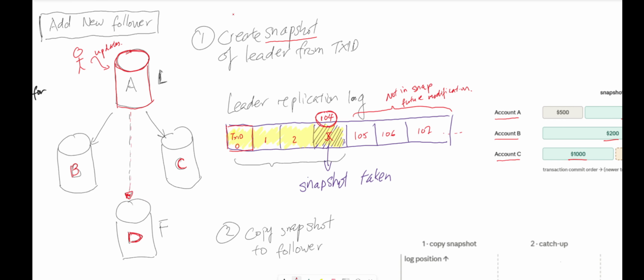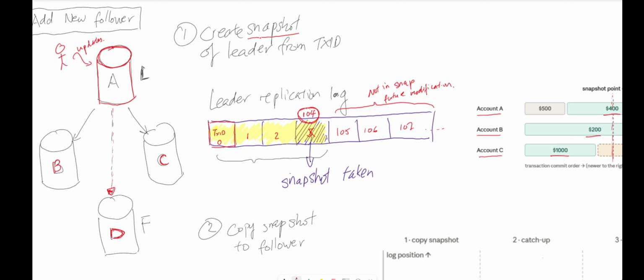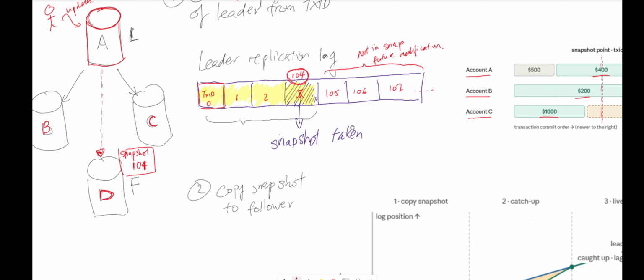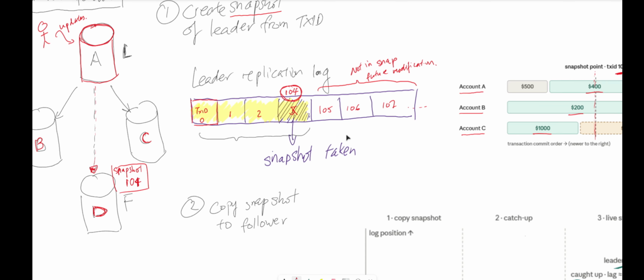We would lose availability if we do that. So we create a snapshot, and we tell D that this snapshot contains everything up to TXID 104. Everything after TXID 104 needs to be replicated.